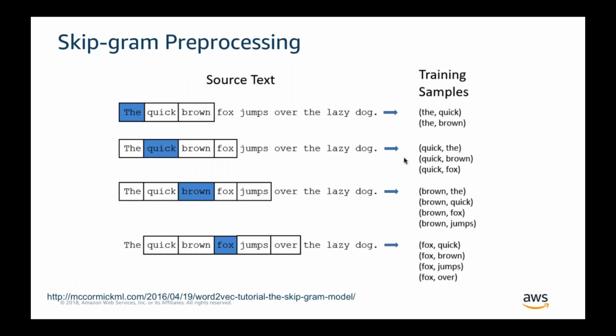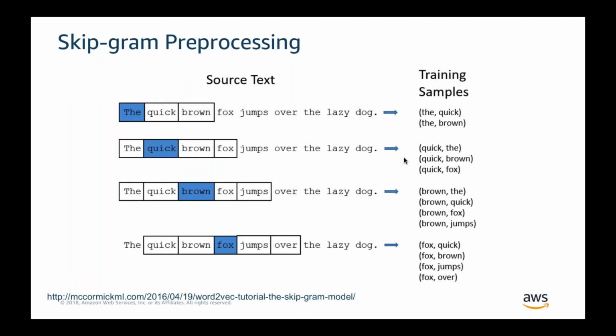And then you move your window, and now you're trying to find out the context for the word quick. The word pairs here are quick and the, quick and brown, quick and fox. Likewise, as you move across your corpus, you're going to be creating this context for each word.